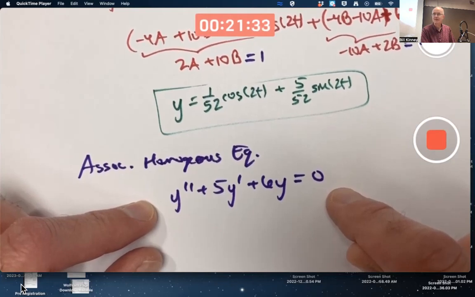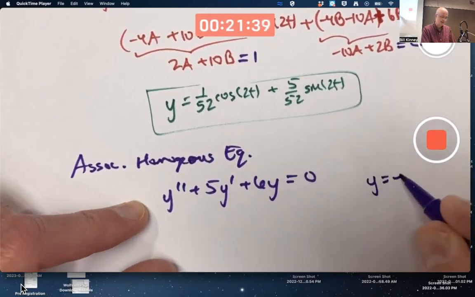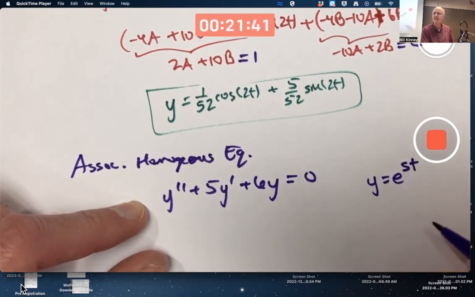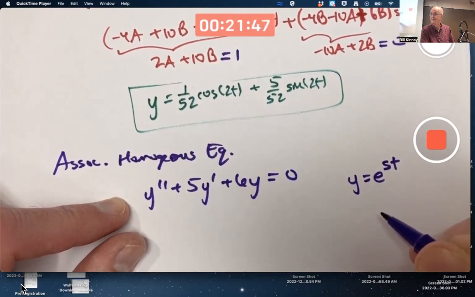how do you do such a thing with the second order equation? It is a matter of guessing. You actually guess y equals e to the s times t, where s is an unknown constant to solve for. And such a guess turns out to work. It turns out here in this example.